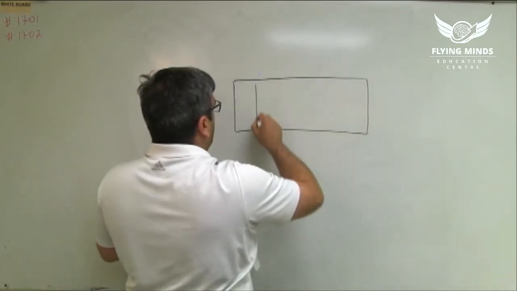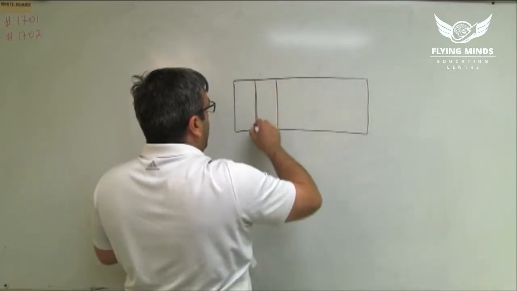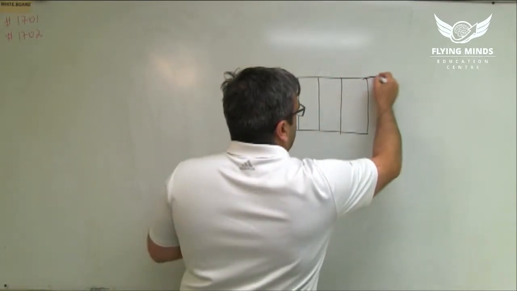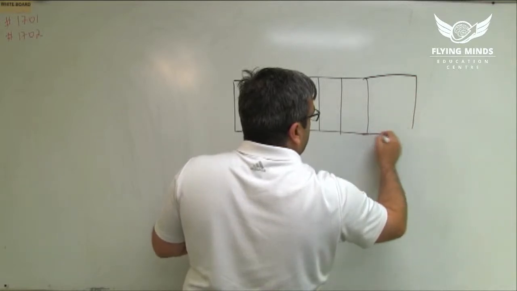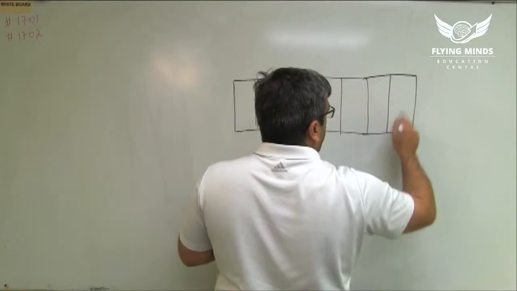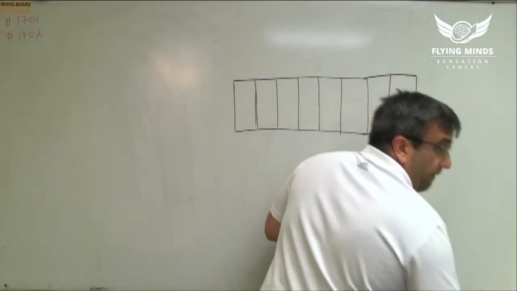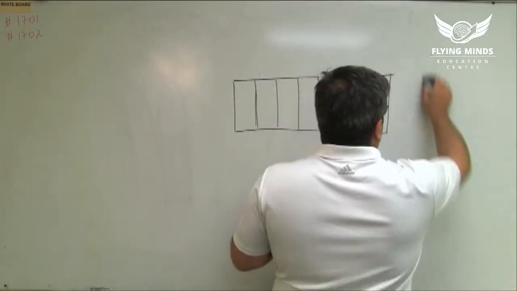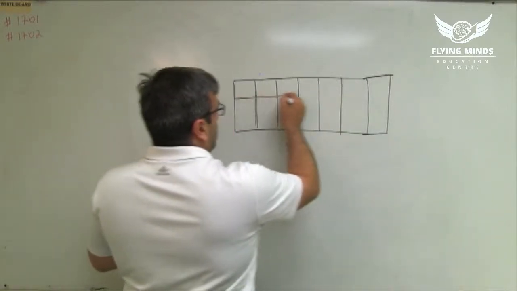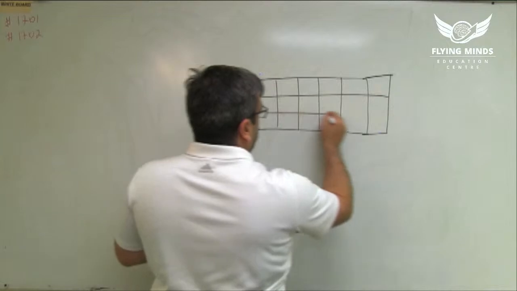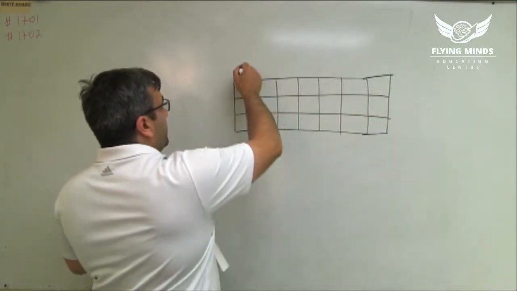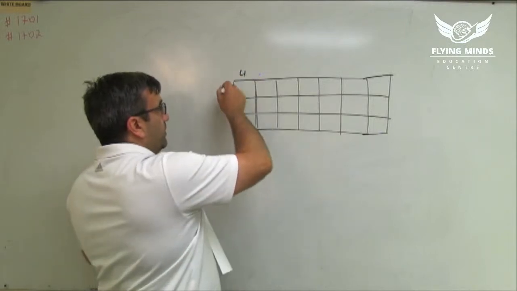So we have 1, 2, 3, 4, 5, 1, 2, 3, 4, 5, 6, 7, and we have 3. Since the area of each square is 16, the side of this square is 4.